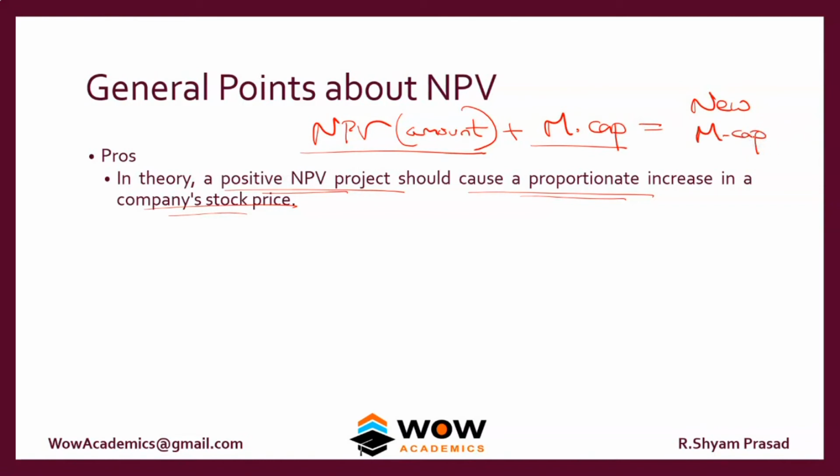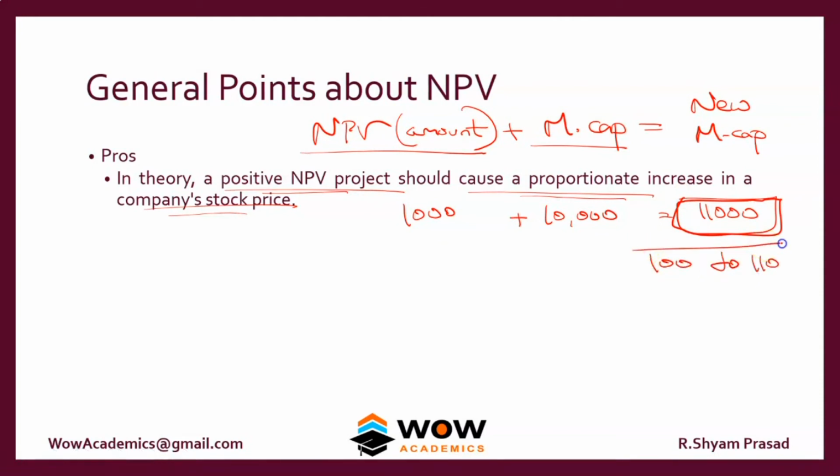If your market cap is already like 10,000 crore, you have a project which will earn 1,000 crore, your market cap will become 11,000 crore, because the market will feel that this is a very good project and let's increase the share price. So immediately the share price would move from something like 100 rupees to 110 rupees. So that's how the share price gets moved.